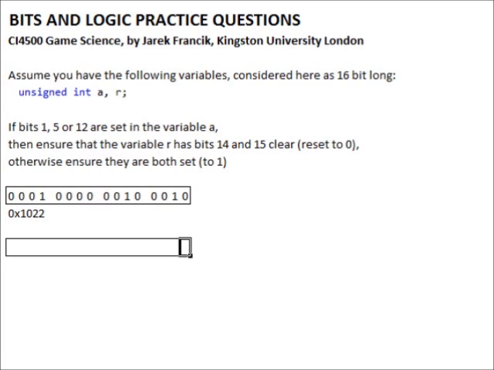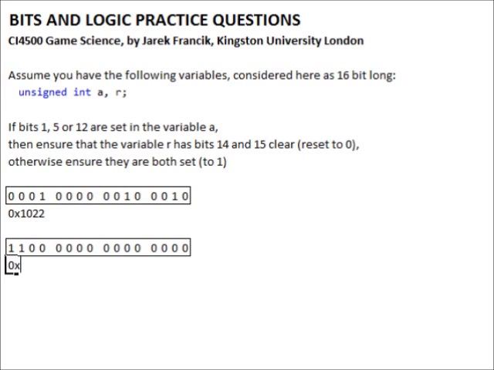The next one is the mask with bits 14 and 15 set to 1 and all other bits clear, so it's relatively easy. I put zeros everywhere apart from the bits 14 and 15. The hexadecimal representation of this value is 0x.